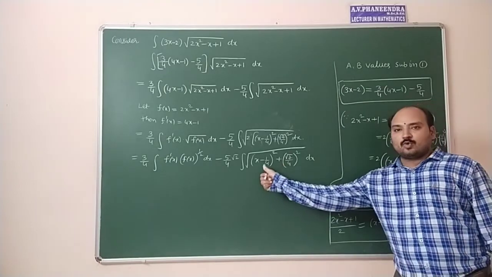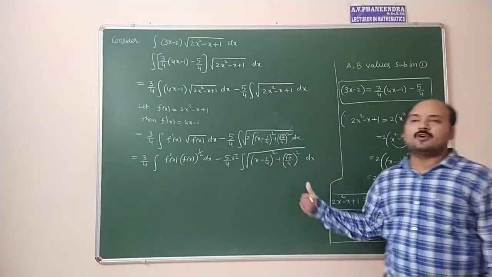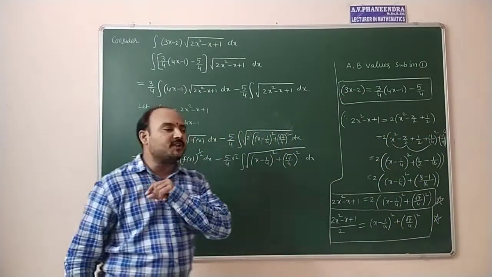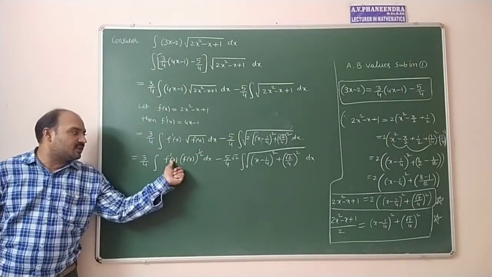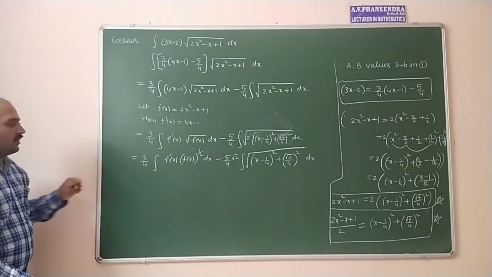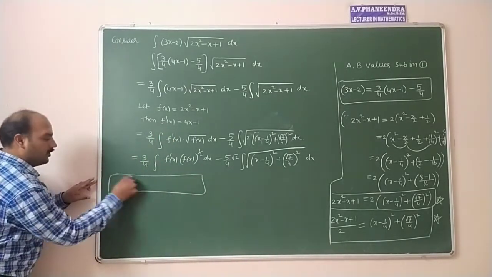It is in the form of root of x square plus a square. I will write the formula. And one more important thing you have to remember: it is in the form of f of x whole power n into f dash of x dx. Here I will write the formula for this step.